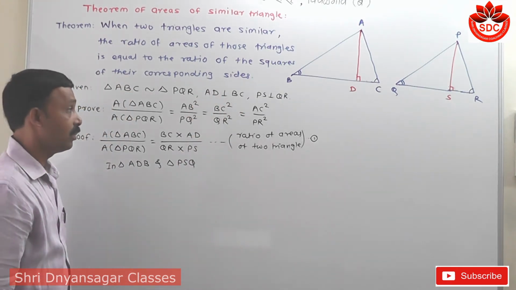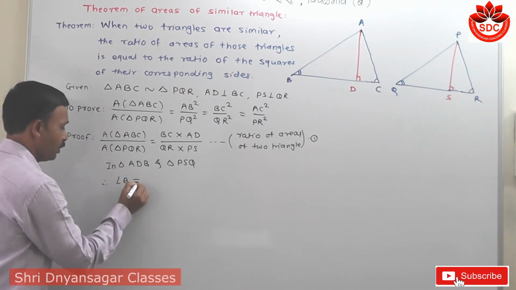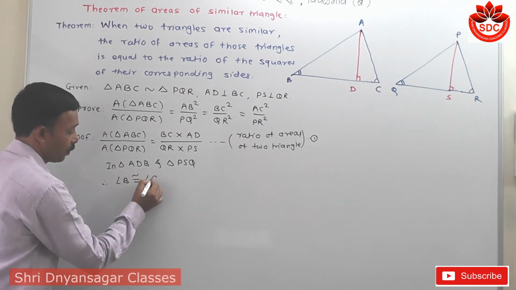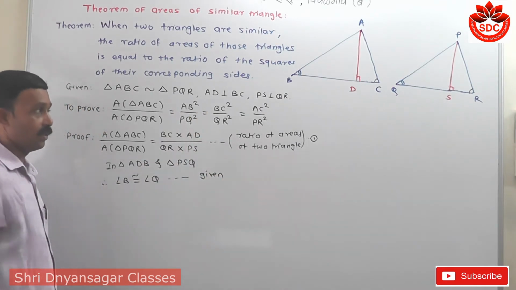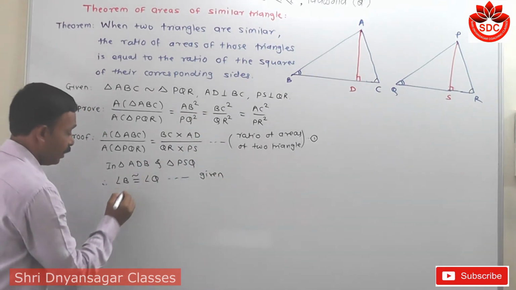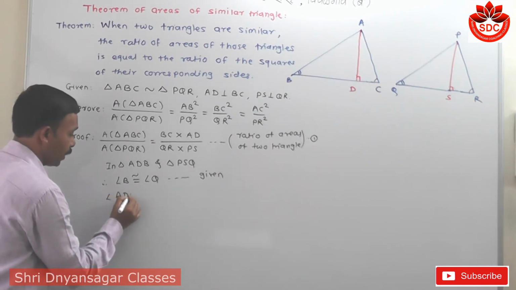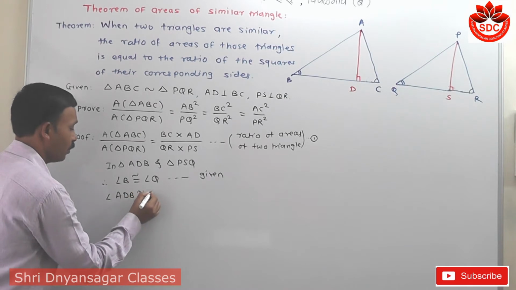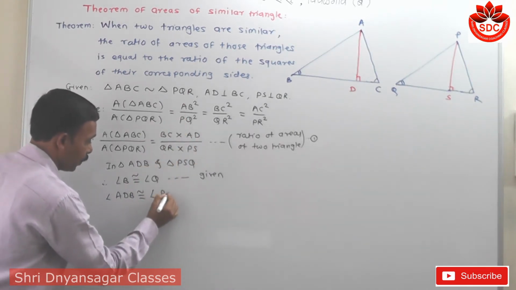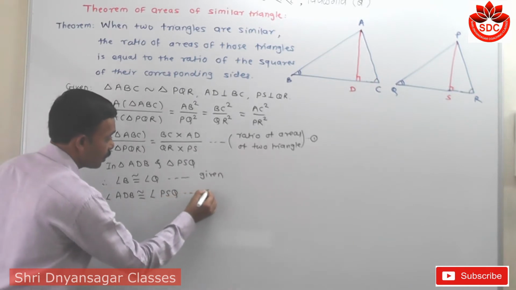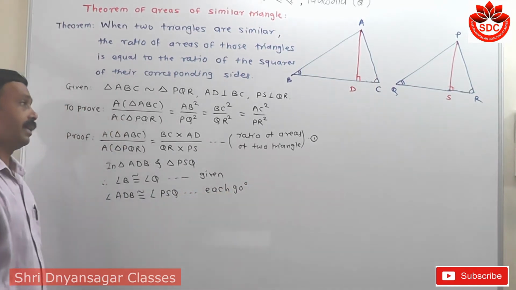How to do it? Look at it. First, angle B is congruent with angle Q. This is given, identical marks. Then second, angle ADB is congruent with angle PSQ, because each is 90 degrees.